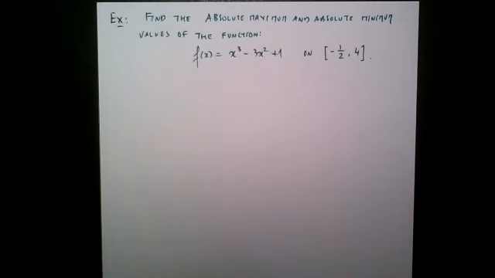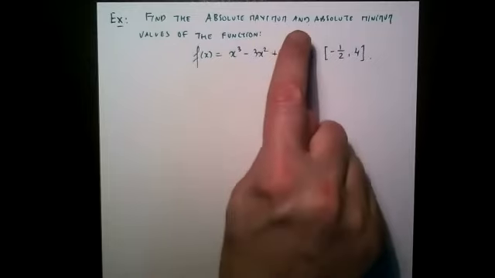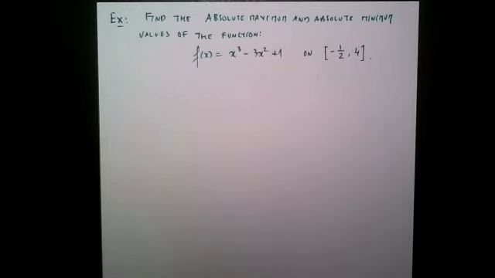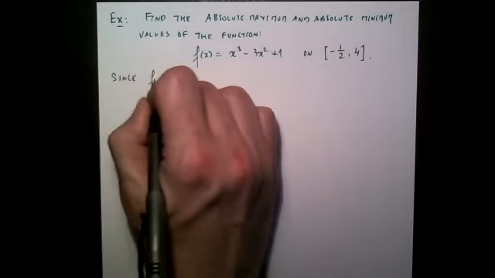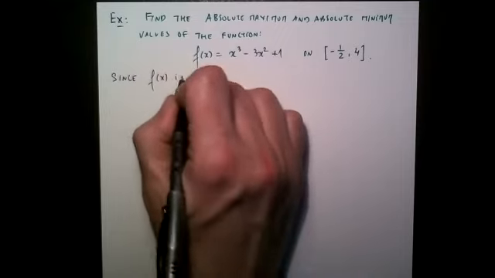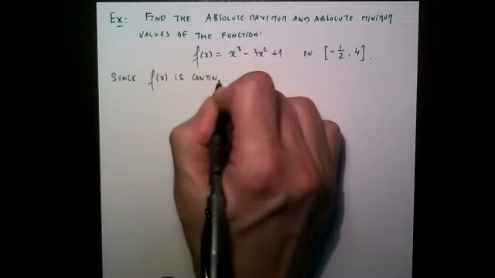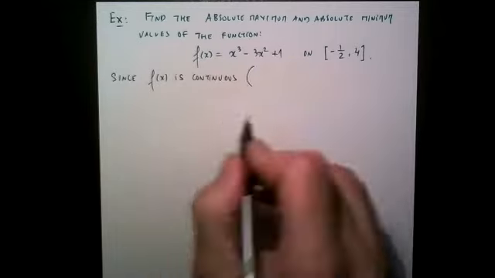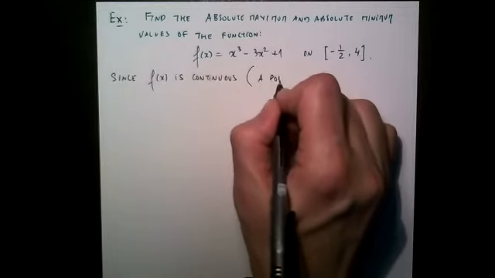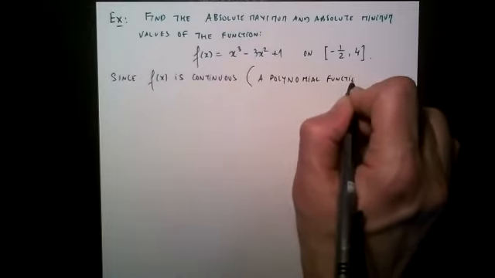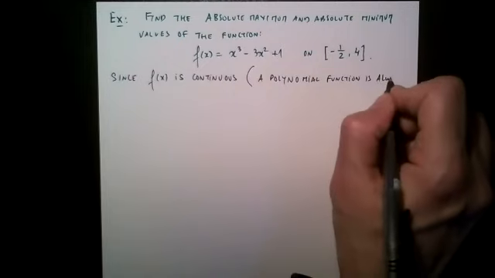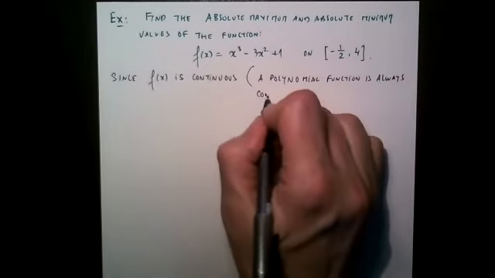So what we're trying to do now is find the maximum and the minimum. I'm going to write it out. Since f of x is continuous, just to note, a polynomial function is always continuous.